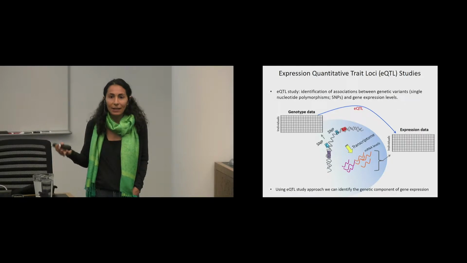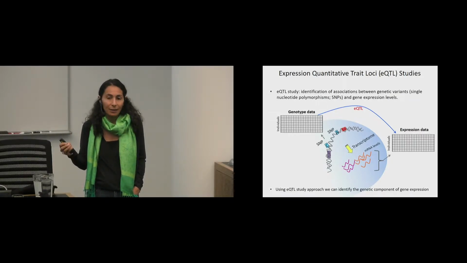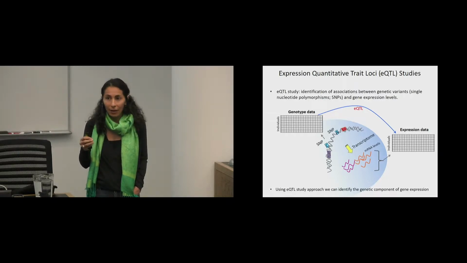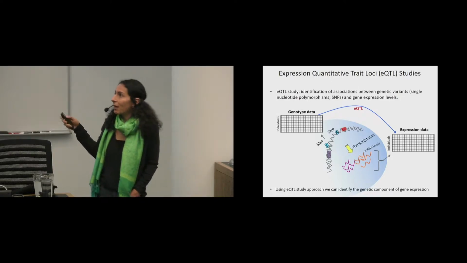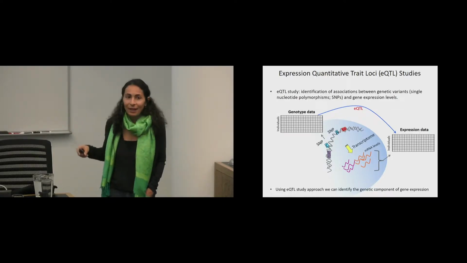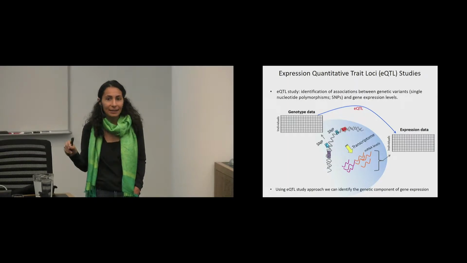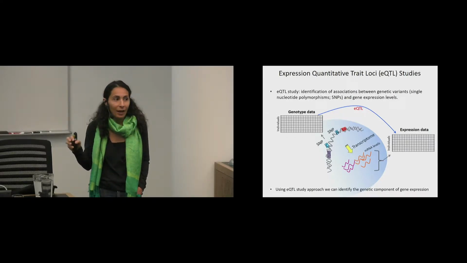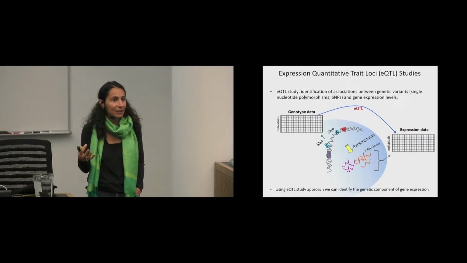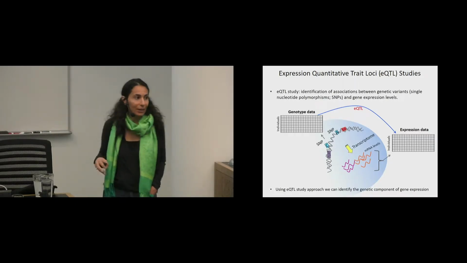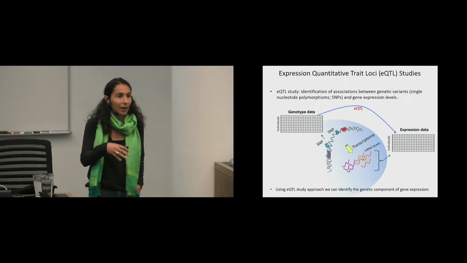Through this correlation process, you can identify which genes' expression are affected by variation at which SNPs. So one piece of terminology is an eQTL. An eQTL is basically a pairwise relationship between the genotype of a SNP and the expression level of a particular gene. So when I mention eQTL, we're talking about a pairwise relationship. And obviously the goal of these eQTL studies is to find these pairwise relationships that allow us to map SNPs to genes.